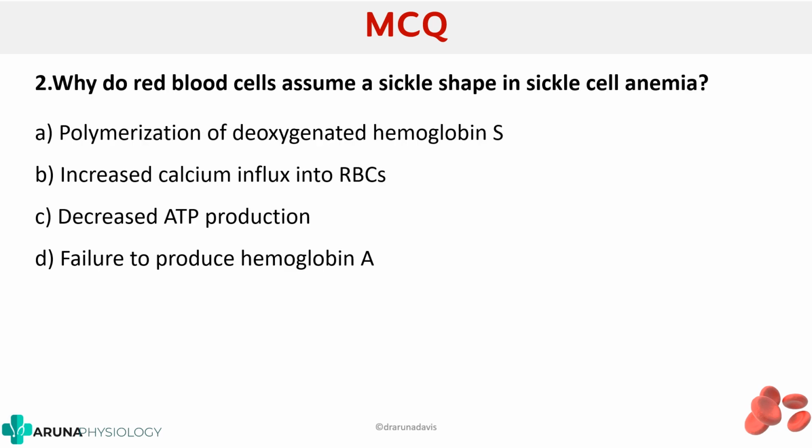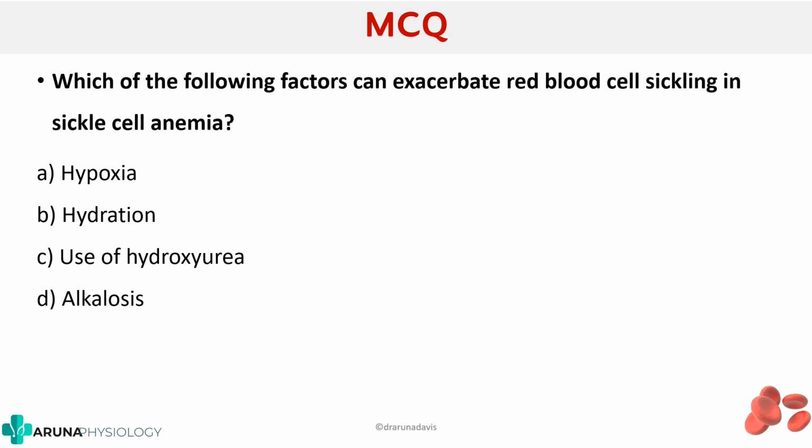Then why do red blood cells assume a sickle shape in sickle cell anemia? What's the cause? Polymerization of deoxygenated hemoglobin S. Okay, all others are wrong. And which of the following factors can exacerbate red blood cell sickling in sickle cell anemia? It is hypoxia.